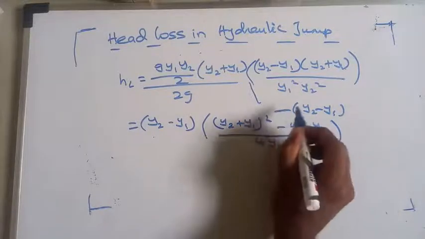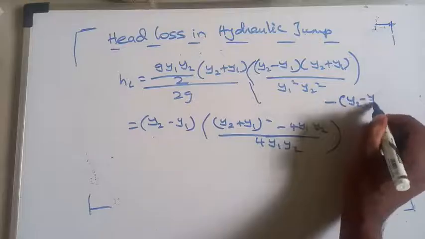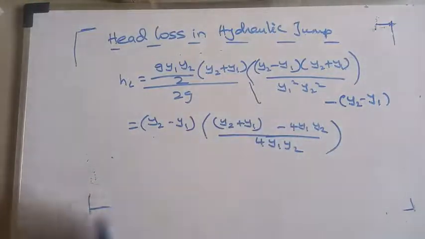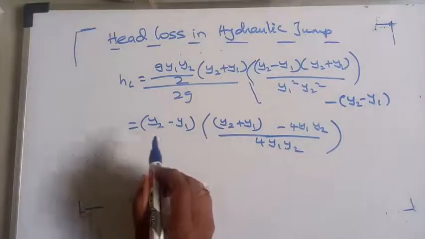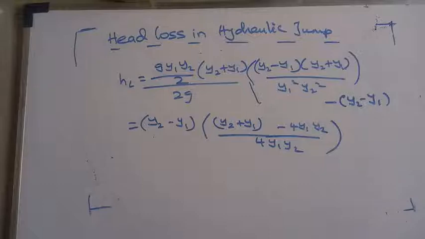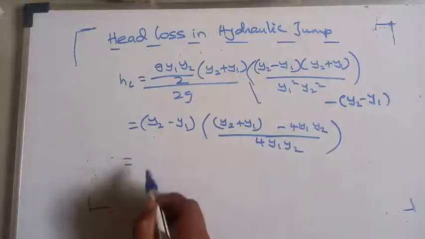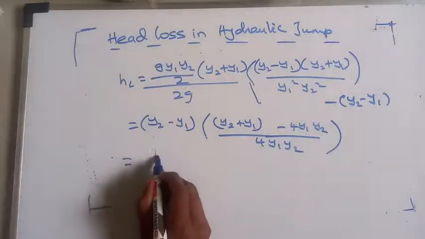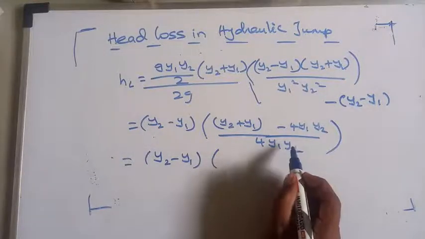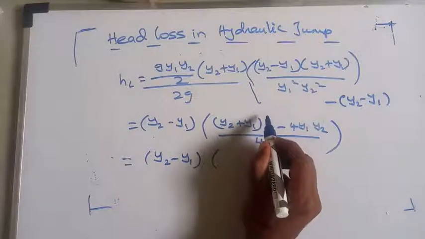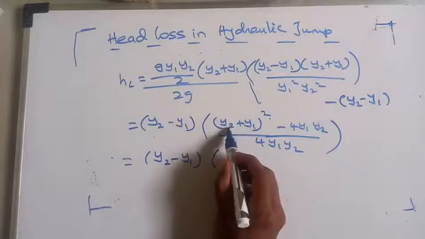Because of lack of space and timing, I am just simplifying this, but all these derivations are already given in the slide itself. So if I put and solve once again, then I will get y2 minus y1 into, okay, here there will be a square. This is in a plus b the whole square format.